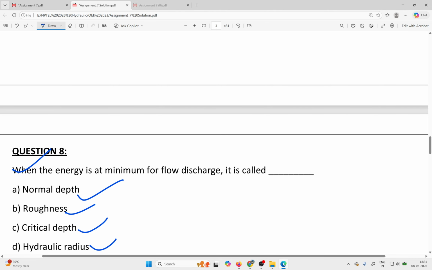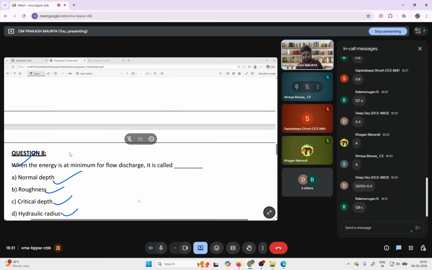When the energy is at minimum for the flow discharge, it is called which type of depth? This is just a definition. Okay, 8C, critical depth.